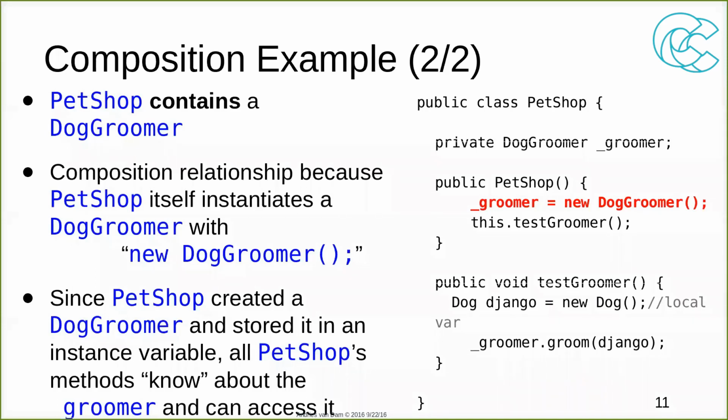So even after the execution of test groomer has ended, this Django object will still be inside the array of the other class. So will we say that this object is garbage collected?